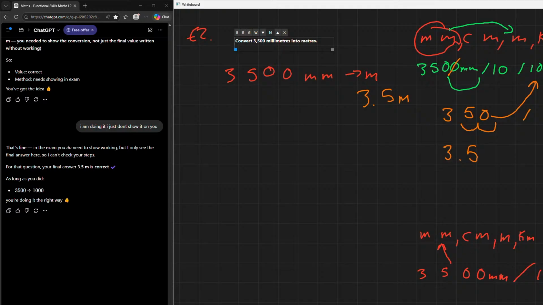So to go to the first, you add 1, and then to go to the second, you add another 2, and to go to kilometers, you add 3.